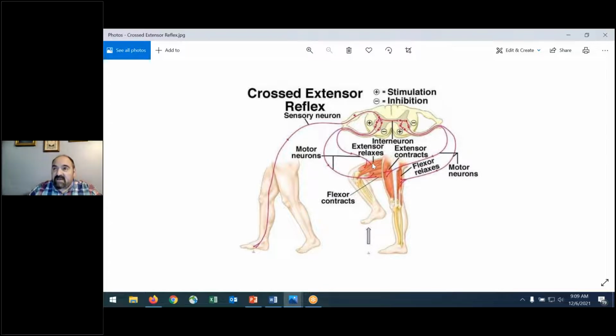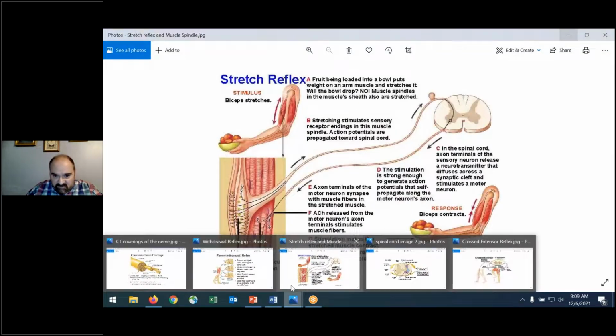Ipsilateral, so same side. Contralateral, opposite side. So this gets a little more complex. Let me go to this other image for a moment.